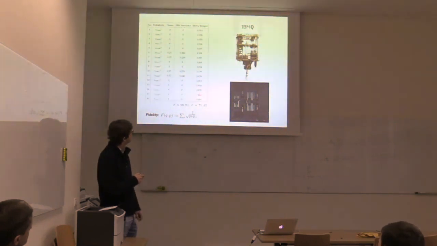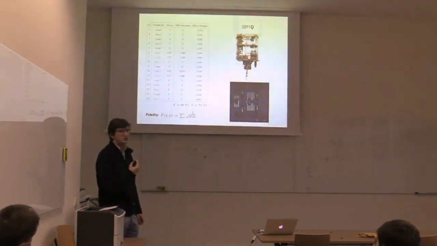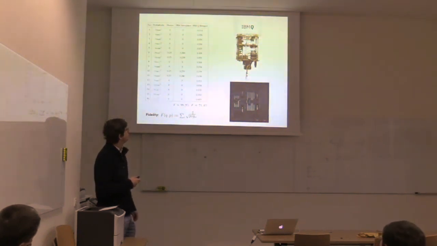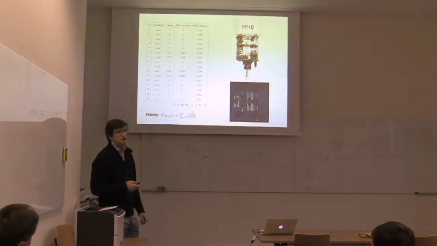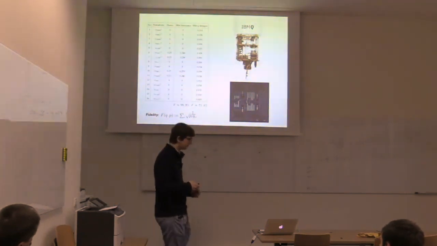So if it's 100 here, it means that around 100 out of 1,000 experimental results corresponded to this state. And each evaluation of the circuit took on the order of microseconds.